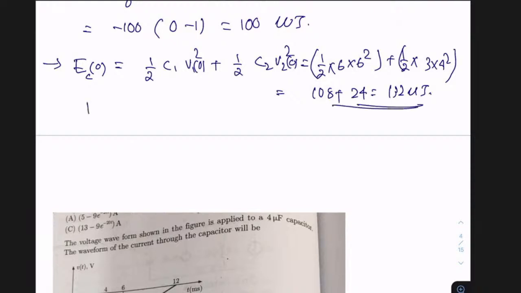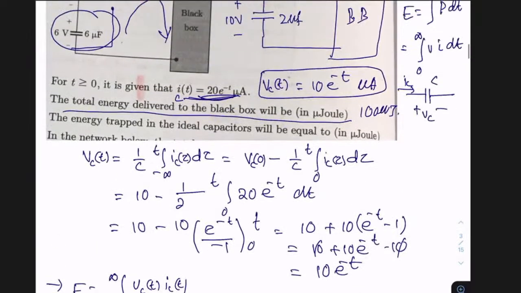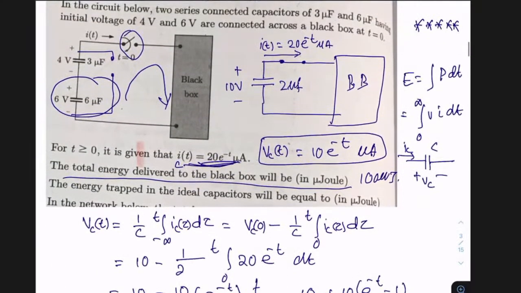So 132 microjoule is the initial energy, and from that 100 microjoule is delivered to this black box. So 132 minus 100, only 32 microjoule of energy is getting trapped in these capacitors. This was carrying 132 initially. Out of 132, it is delivering 100, and the remaining 32 it is holding, or it is getting trapped.